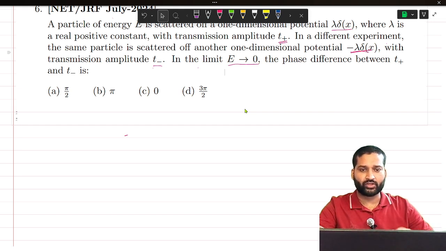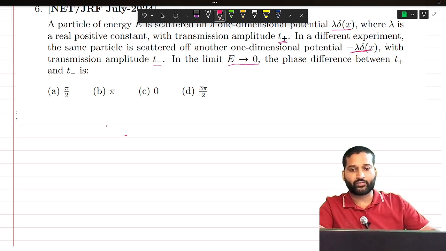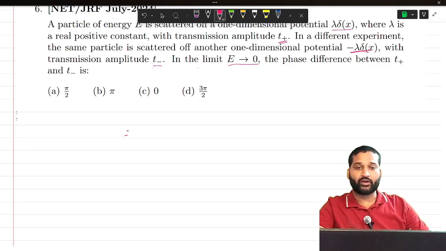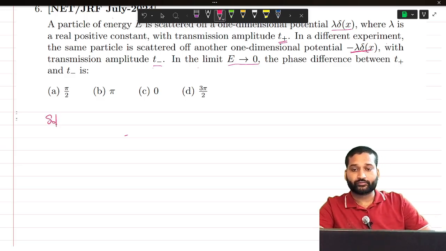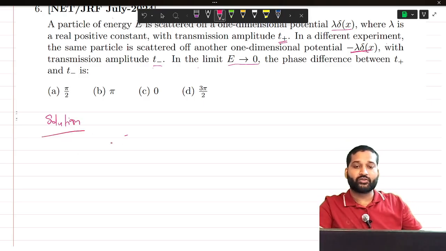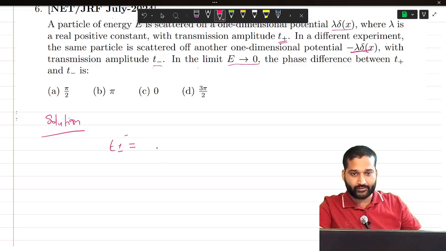By using its formula. The general formulation of the transmission amplitude for a free particle scattered through a delta potential is: T plus minus is equal to K divided by K plus minus i m lambda by h cut square.